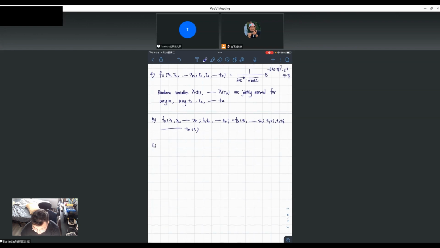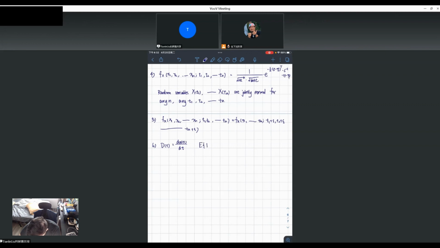For the next one, we will have white noise. It's usually in the Wiener process, and we will have that the derivative of W(t) represents the derivative of W with respect to t.